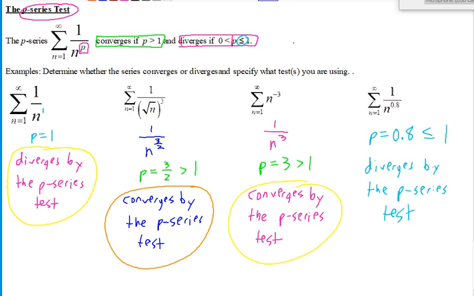So again, once you have it in this form here, you can tell what the exponent p is equal to and determine whether that diverges or converges based on the value of p.